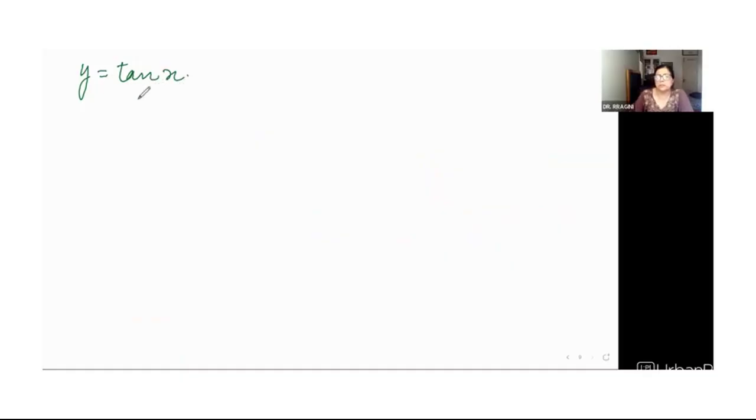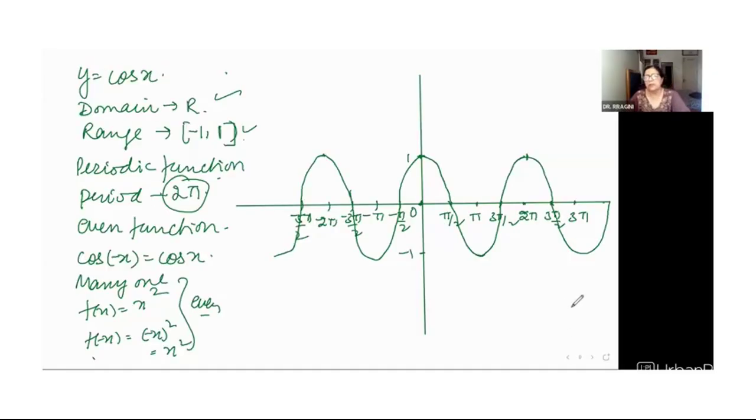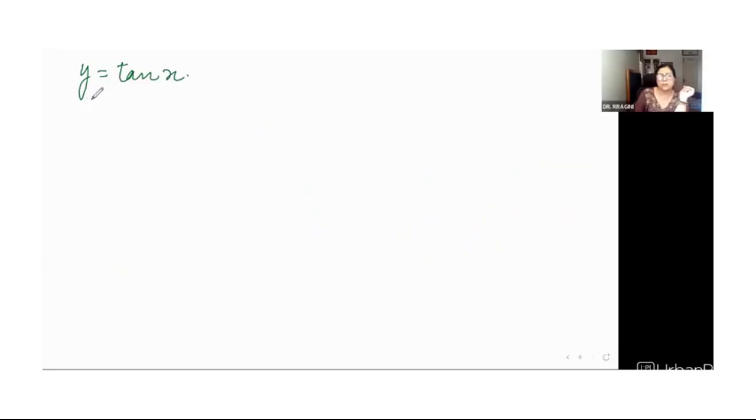Now this is a periodic function, but not continuous. See, things are very interesting. You will be learning about continuity here. A non-stop graph is a continuous graph. Now tan x is a periodic function with period pi, not 2 pi.